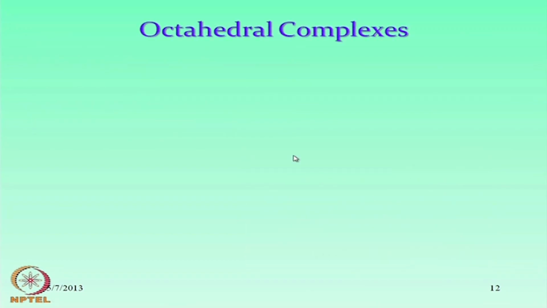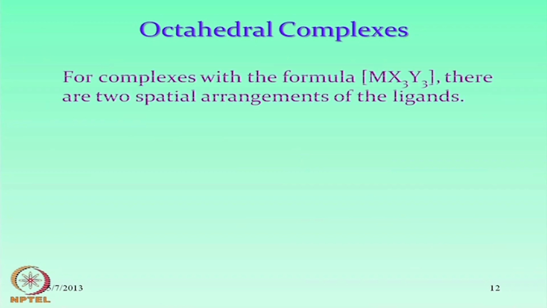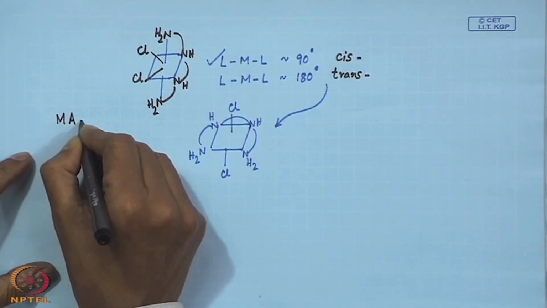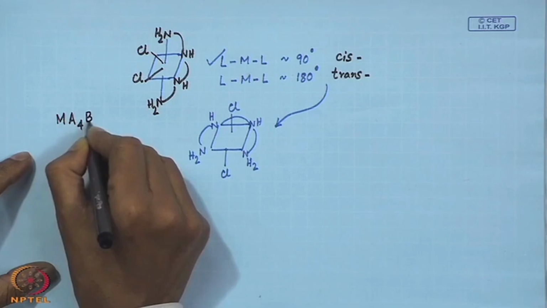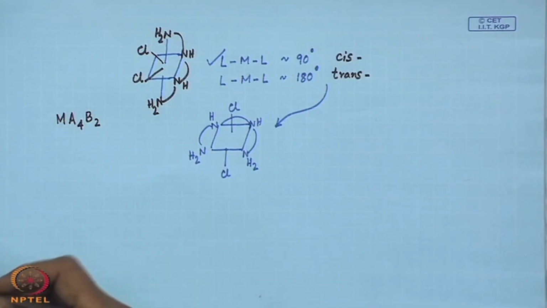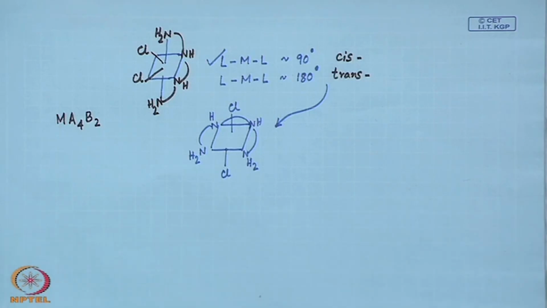So, in the case of several such octahedral complexes, whatever we are talking about here is the MA4B2 type, that means two of them are of a different type.